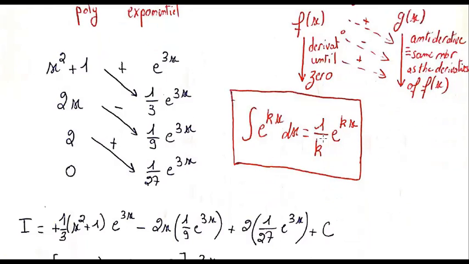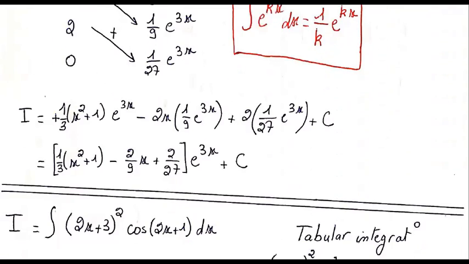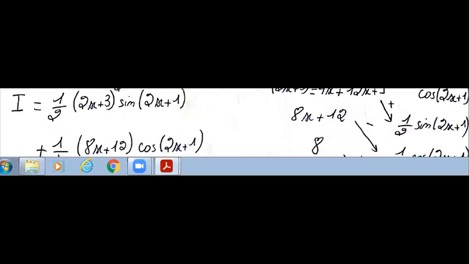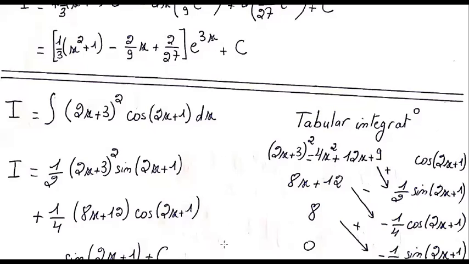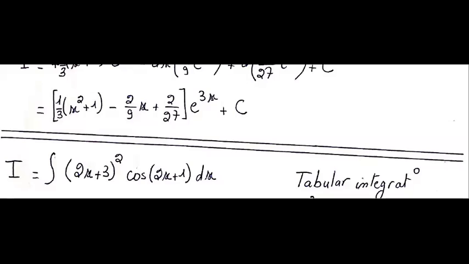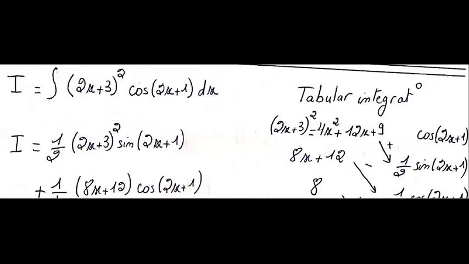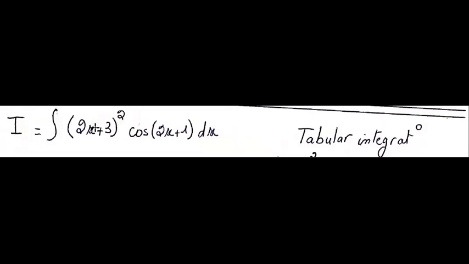So the second example that I will be doing is the integral of (2x plus 3) squared multiplied by cosine(2x plus 1) dx.